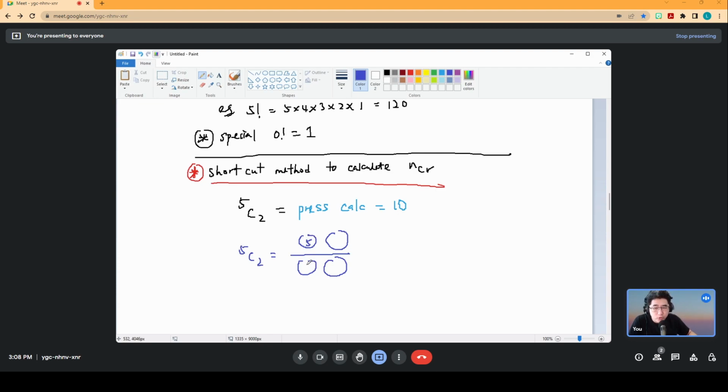The first number below starts with 1. Then on top, the following number you keep minus by 1, so you have 4. Then at the bottom, the following number you add by 1, so you have a 2, and the operation is multiply and divide. So what you actually have here is 5 times 4 divided by 1 times 2, therefore it's 10.